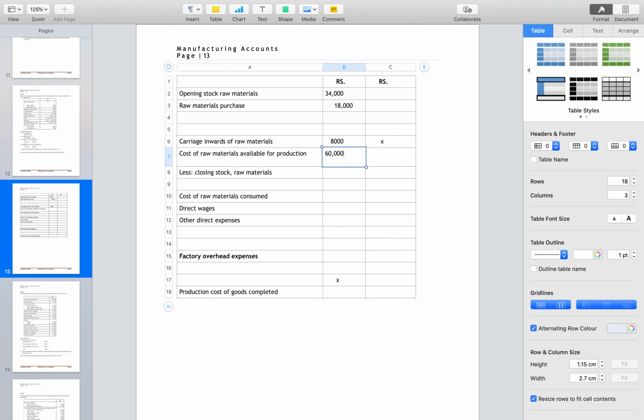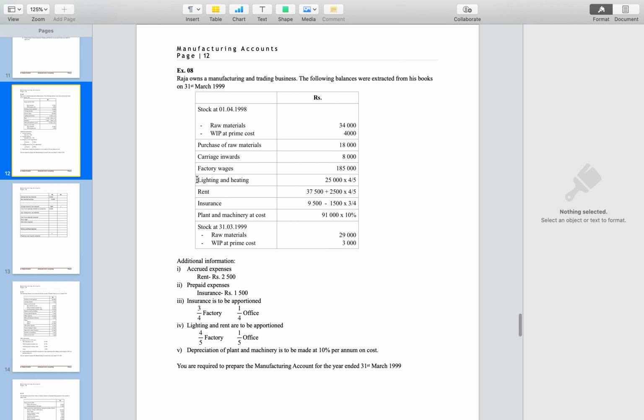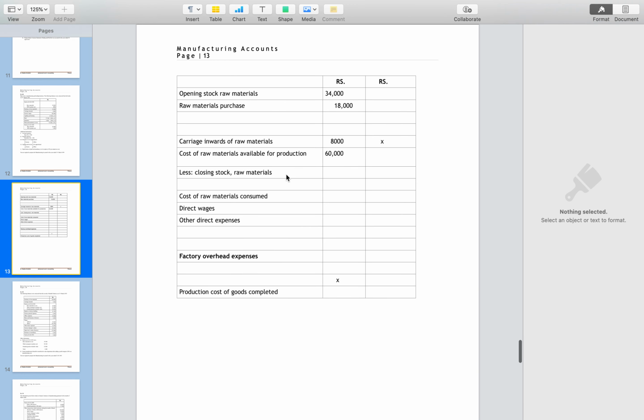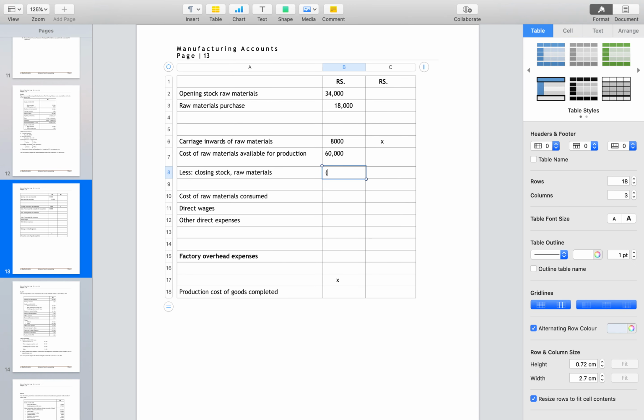Minus closing stock of raw materials. When you look at your format over here, the closing stock of raw materials is 29,000, so you deduct that also. That will give you cost of raw material consumed. Therefore the cost of raw material consumed is now going to be 31,000.